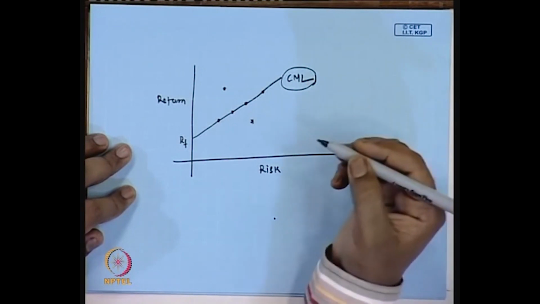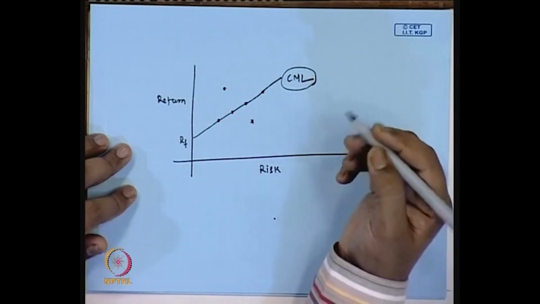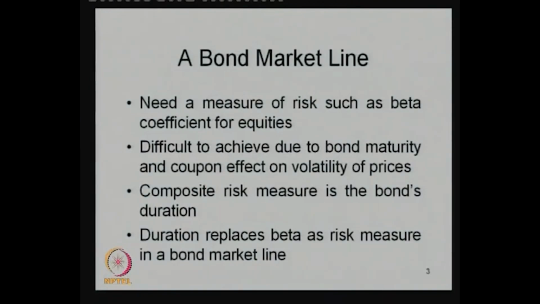Like that, whenever we talk about the bond, we also need a measure of risk such as the beta coefficient for equities, because we have to make a trade off between the risk and return of the bond portfolio, like the risk return trade off of equity portfolios.